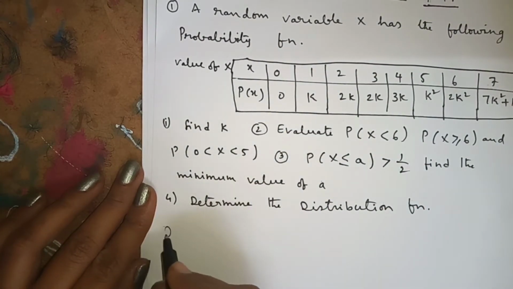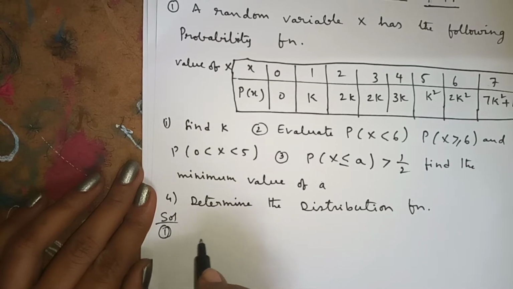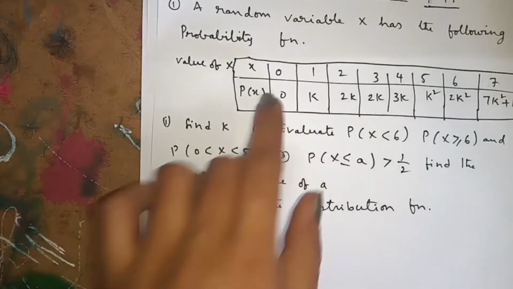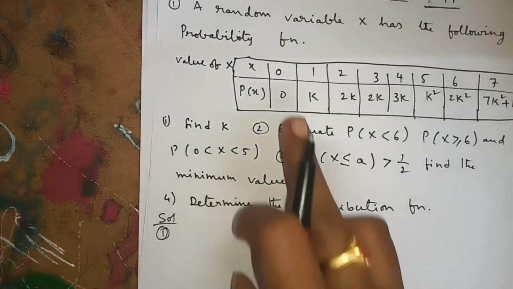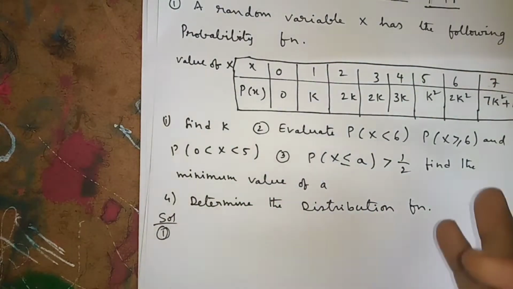Now the first problem solution I will do. The first problem, find k. To find k, by observing the given problem itself, you have to identify whether it is a PMF problem or a PDF problem. If you see the x values, they are countably finite, 0 to 7.